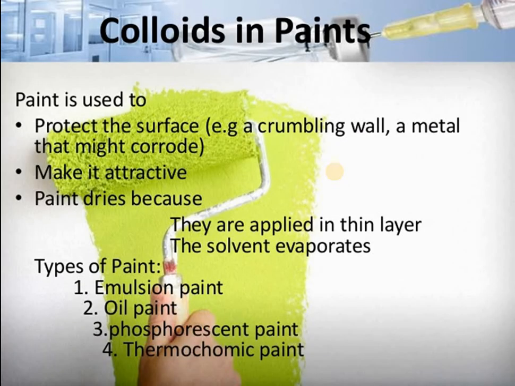Next is related to paints. Paint protects the surface and gives an attractive look, and once it is dried, it will form a thick crust over the part you are coating. And how is this happening? Evaporation takes place of the dispersion medium. Okay, so different types of paints are there in the market.